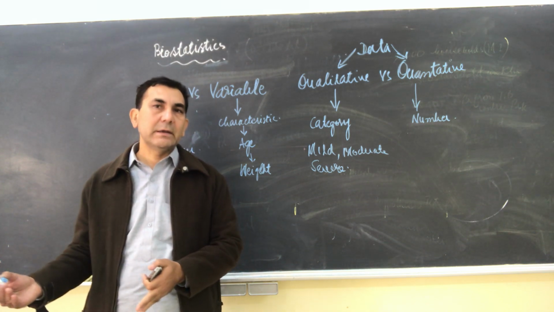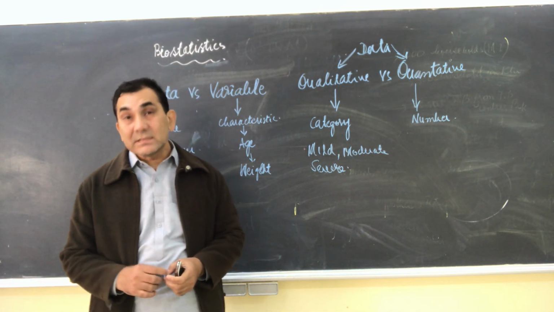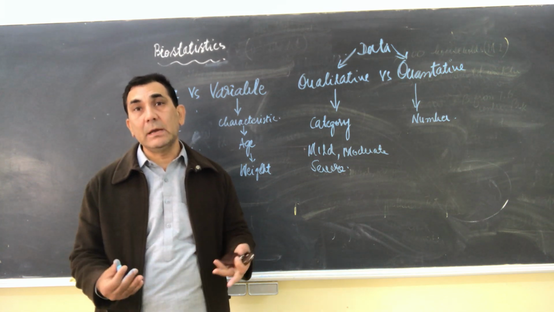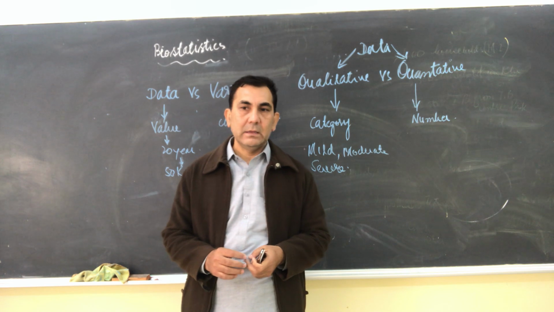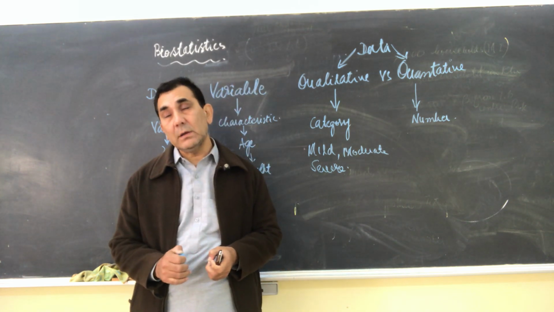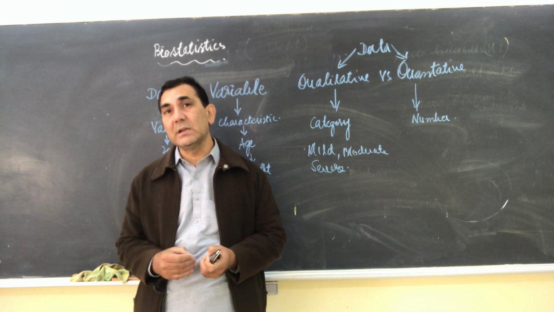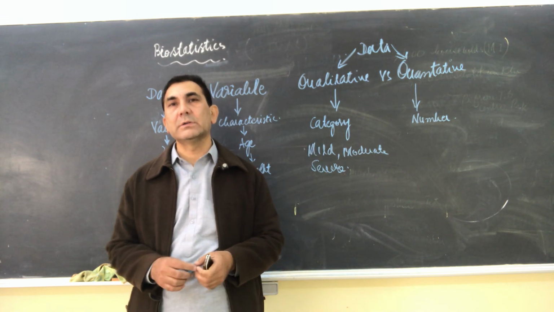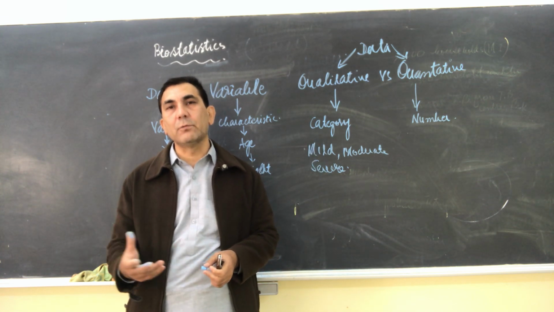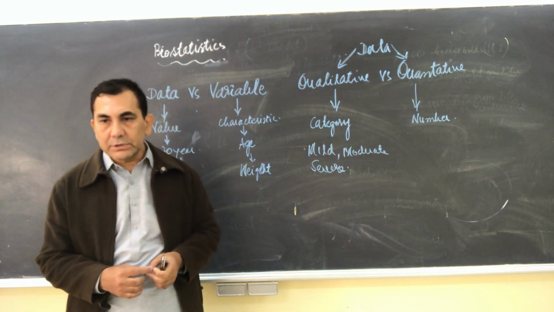These are again in category form. Sex or gender: male, female, and transgender, again categories. And the grades of students, A, B, C, D, again in category and group form.